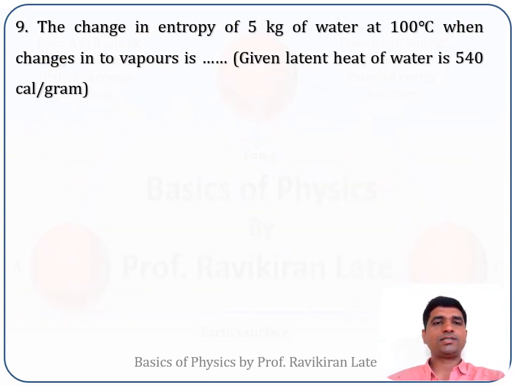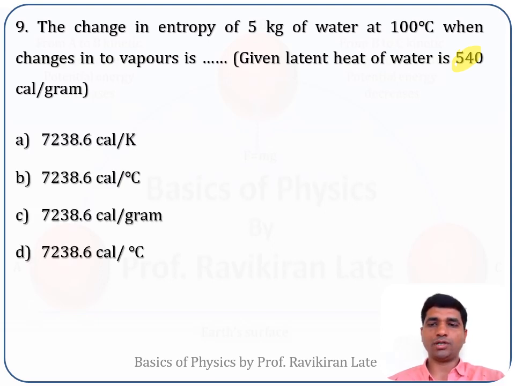Now the next question is, the change in entropy of 5 kilogram of water at 100 degrees Celsius when it changes into vapor is given. The latent heat of water is 540 calories per gram, and these are the options given here.